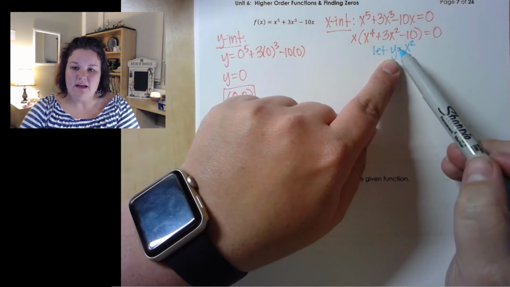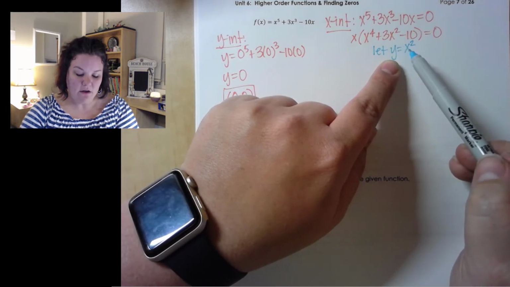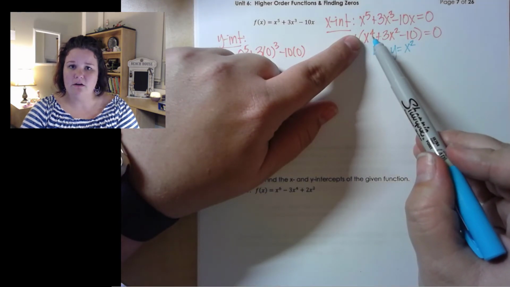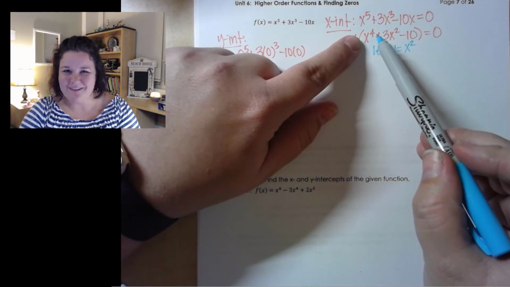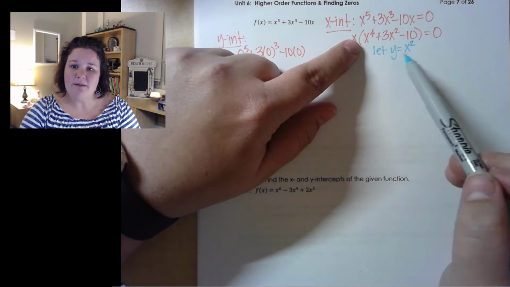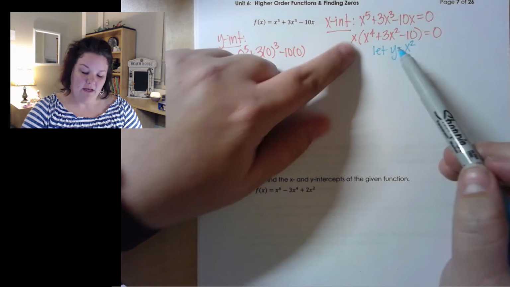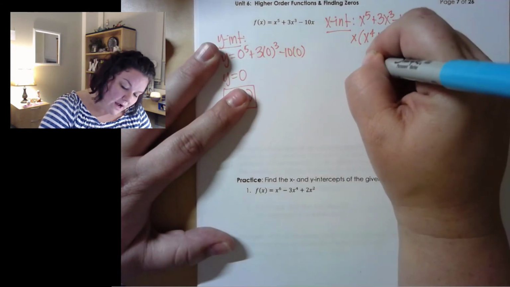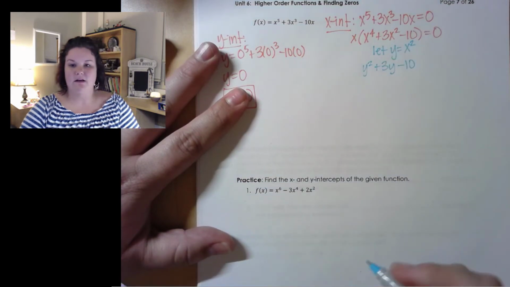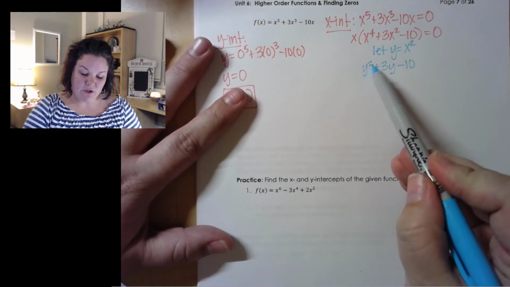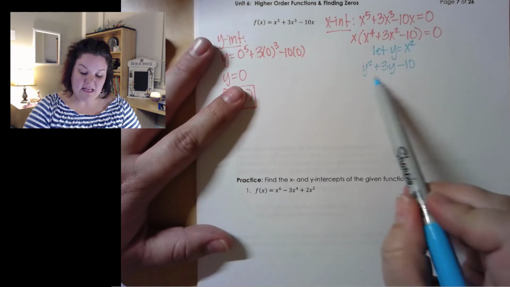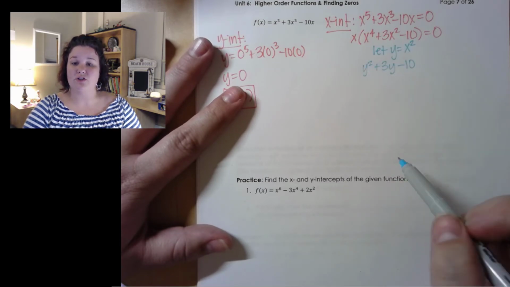And then if y is equal to x squared, x to the fourth is just x squared squared, right? So I could write this as y squared. So I'm just substituting in a y so that I can end up with y squared plus 3y minus 10, a variable with a squared term first and then a constant, because this is what I can use the sum product chart for.